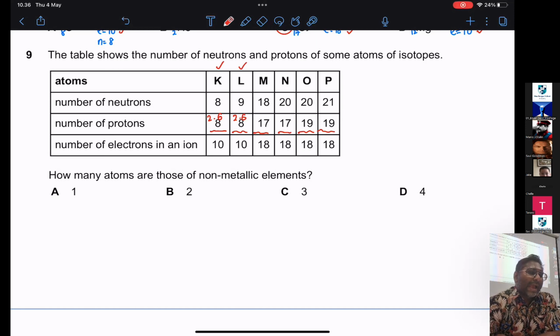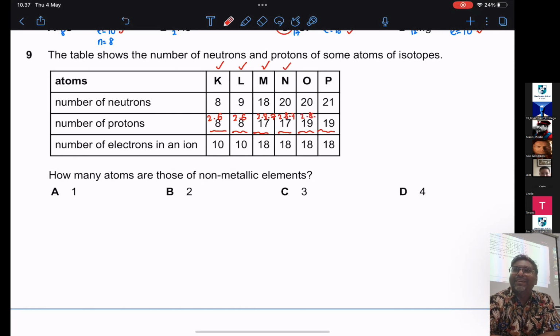If you want the simple way, we write it down. We assume proton is the same as number of electron. So 8 is 2.6, electron is also 8, so 2.6. If it is 6, this belongs to group number what?